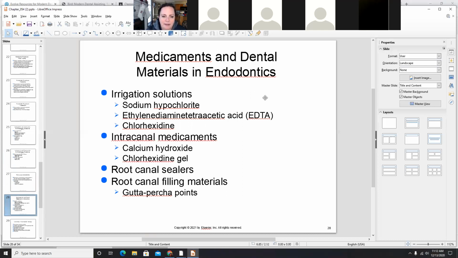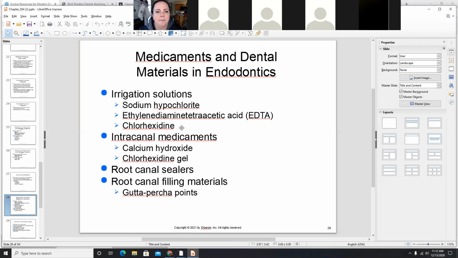Medicaments and dental materials: we use sodium hypochlorite or bleach and water, EDTA or ethylenediaminetetraacetic acid, and chlorhexidine. Does everybody know what chlorhexidine is? Yes. Yeah, it's the mouth rinse that we prescribe to our patients who are getting a lot of cavities, right?